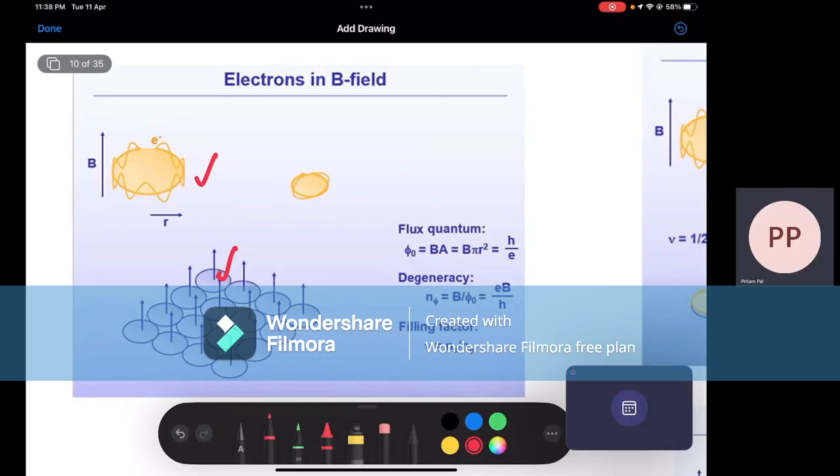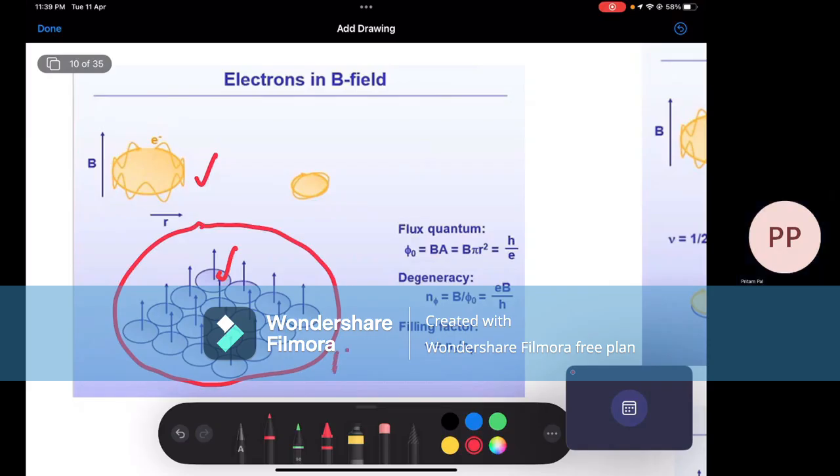There is a certain area, as you saw in the previous slide, associated with the magnetic flux quantum. If I have a certain flux quantum density, here I have 16 flux quanta in total, just for visualization purposes, per unit area associated with the magnetic field.